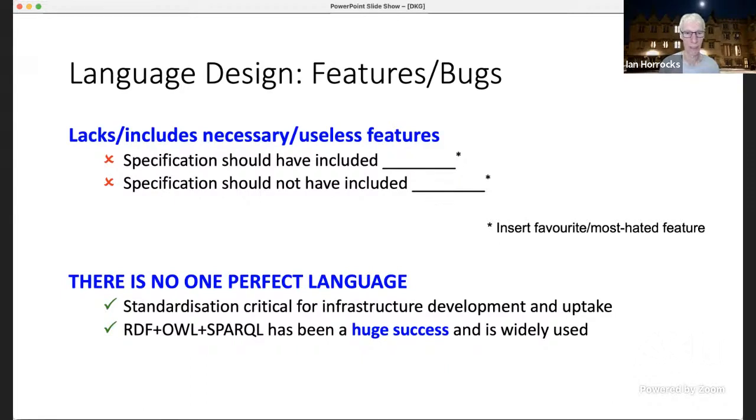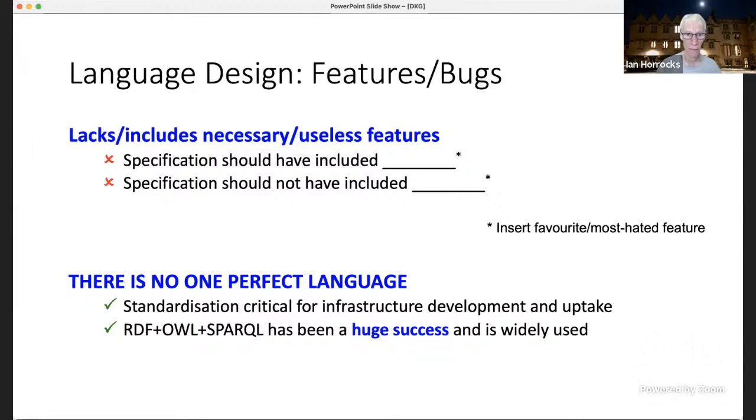I'd like to finish the discussion about what was good and what was bad by really just reiterating this point that no two people are ever going to agree what was exactly the right language. And I think in the end, the reason we succeeded was that we all came to the conclusion that actually agreeing on some standard was, regardless of what it was, better than having no standard, and that having a standard would be the only way to really move forward with the whole semantic web, semantic technology endeavor.